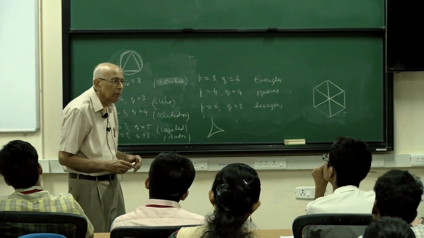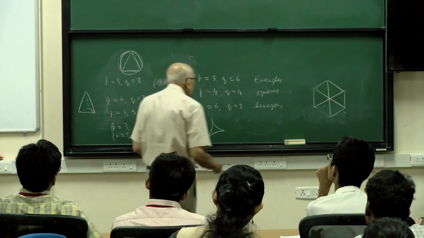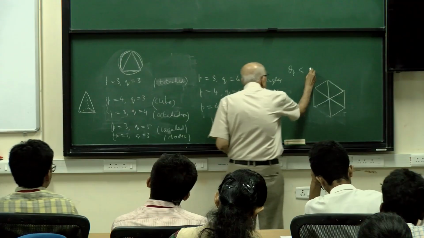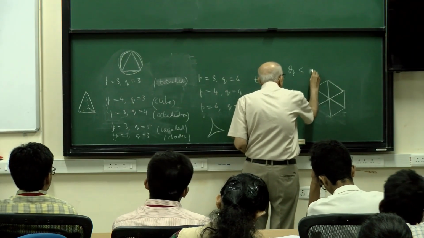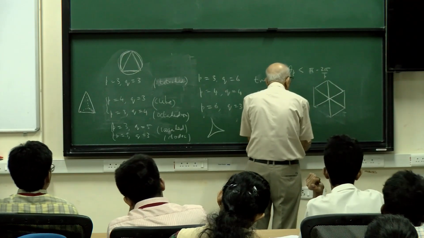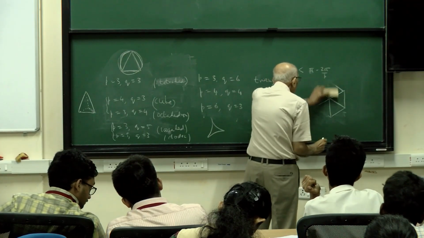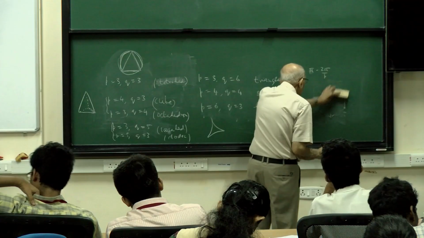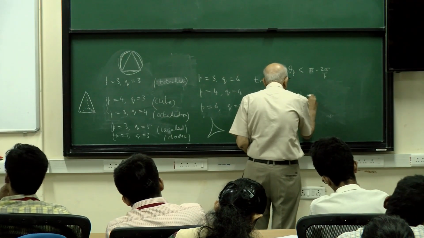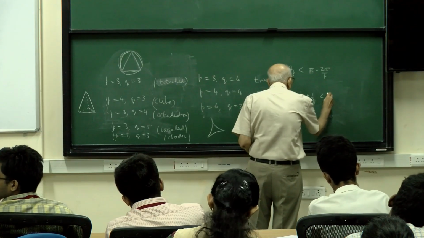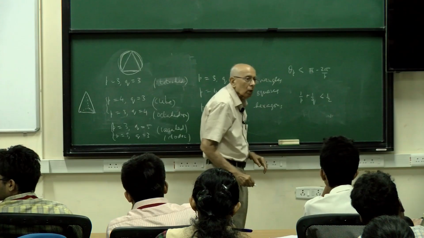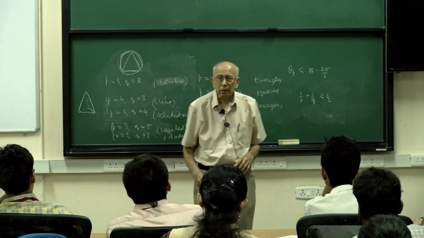Exactly the same condition as the earlier ones would apply, except that theta p is now less than pi times the same condition as above. It will now tell you that 1 over p plus 1 over q is less than half on a surface of constant negative curvature.